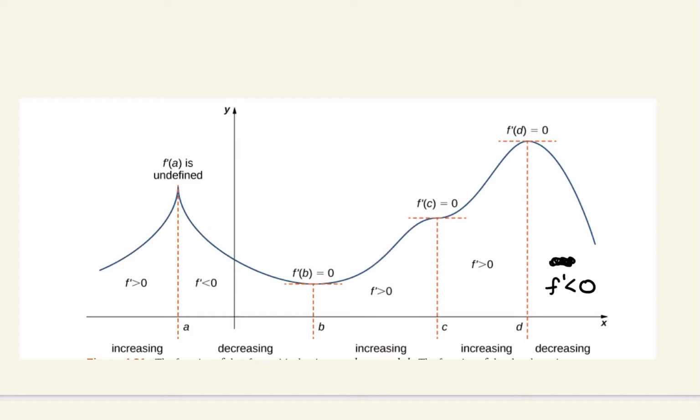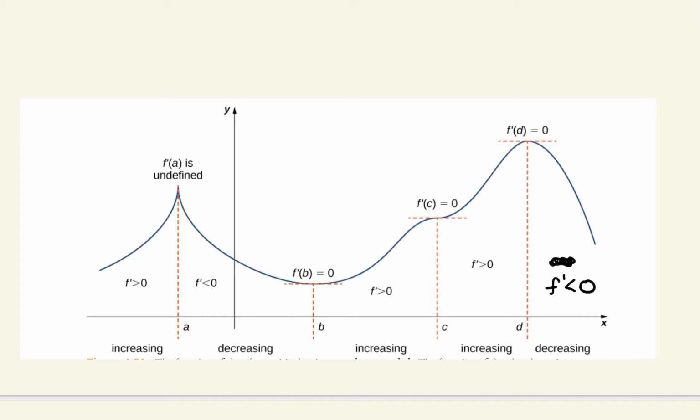Okay, and then the derivative is negative, it's decreasing. We get to this point where the derivative is 0, and then the derivative is positive. So if the function's decreasing and then it's increasing, that means this must be a local min.